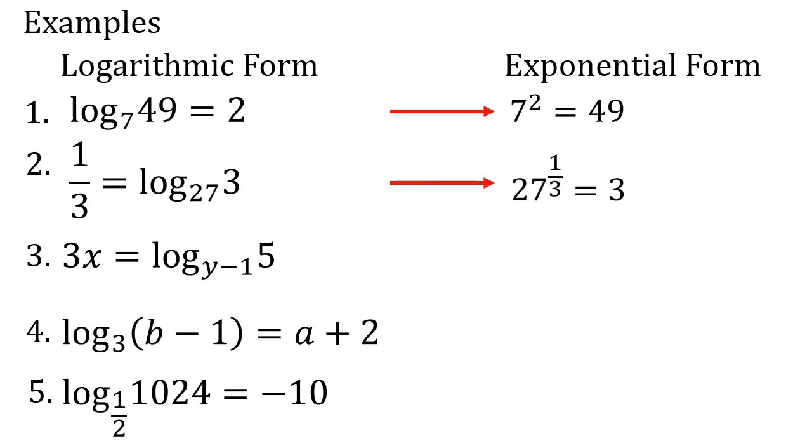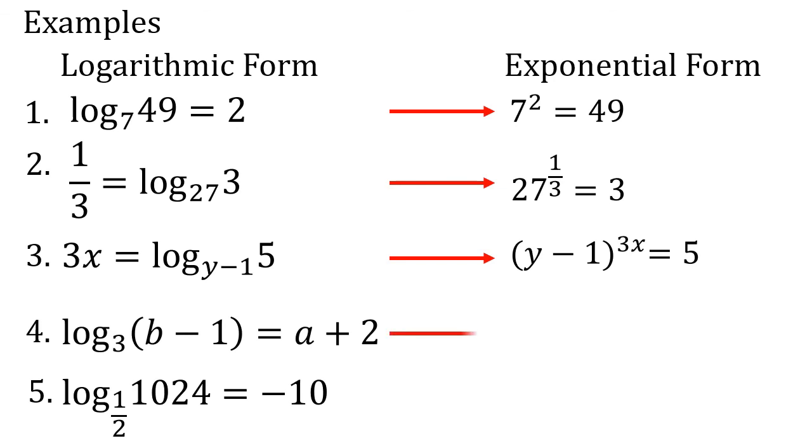Another, 3x equals log 5 base y minus 1. So the base is y minus 1, the exponent is 3x, and the answer is 5. This can be expressed as y minus 1 raised to 3x equals 5. Number 4, log b minus 1 base 3 equals a plus 2. The base is 3, the exponent is a plus 2, and the answer is b minus 1.